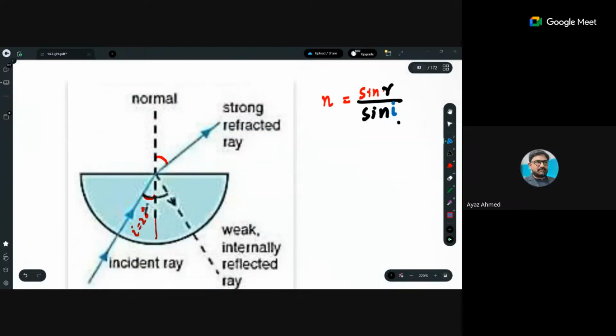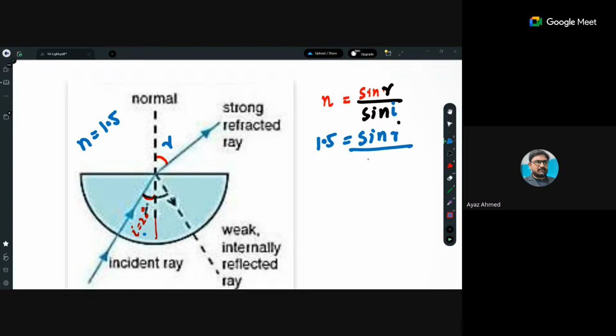So I have given you the angle of incidence, 20 degree. I have given you the refractive index, that is 1.5. So everyone is supposed to calculate the angle of refraction quickly. 1.5 is equal to sin R divided by sin 20. Cross multiply. 1.5 into sin 20 is equal to sin R. That will be 0.51.